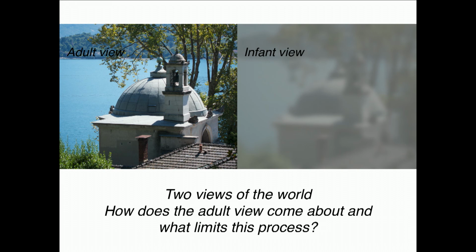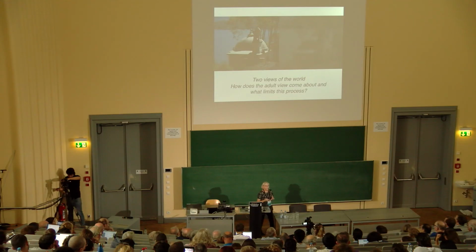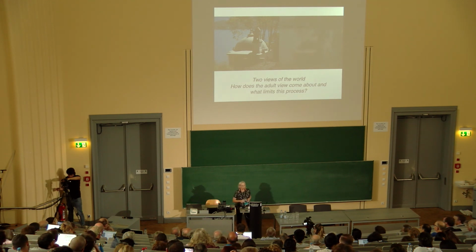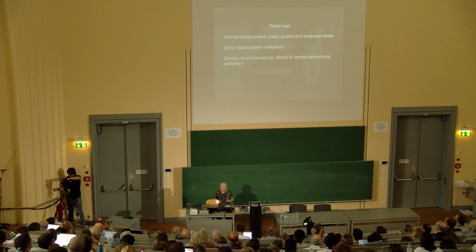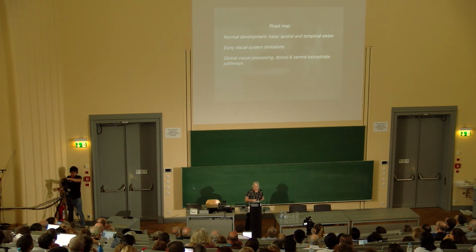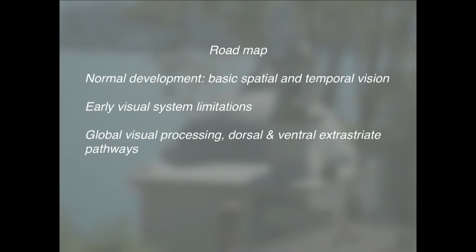And I'll talk a little bit about, or a lot about, the psychophysics, things that change during development, and I'll talk about some of the limitations that we know about in the early visual system, and gloss over a lot of other ones. And then I'll talk mainly about global visual processing, what I mean by that, and how it may depend on processing in the extrastriate visual pathways.